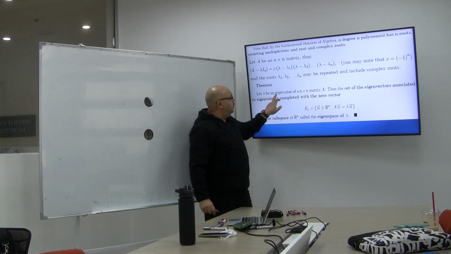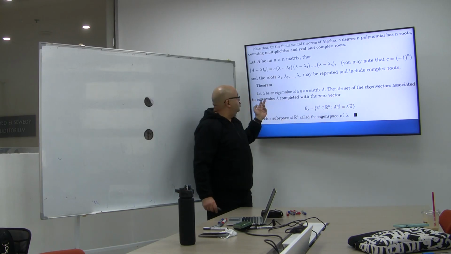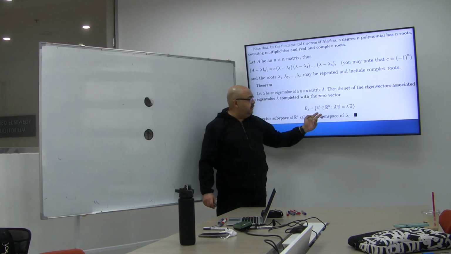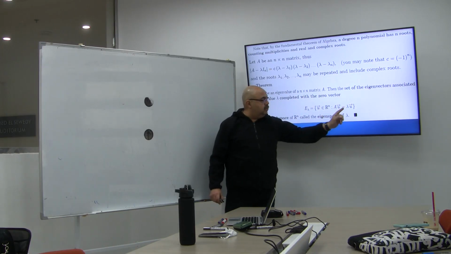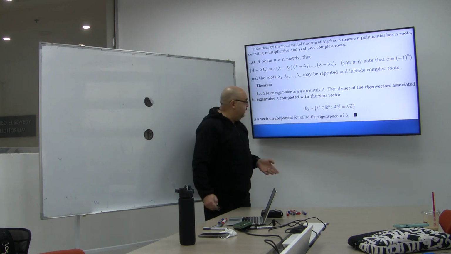Once more, let λ be an eigenvalue of an n by n matrix. The set of eigenvectors associated to the eigenvalue λ, completed with the zero vector, satisfies Au = λu. That's the homogeneous system that we depend on in order to evaluate all of our eigenvectors.